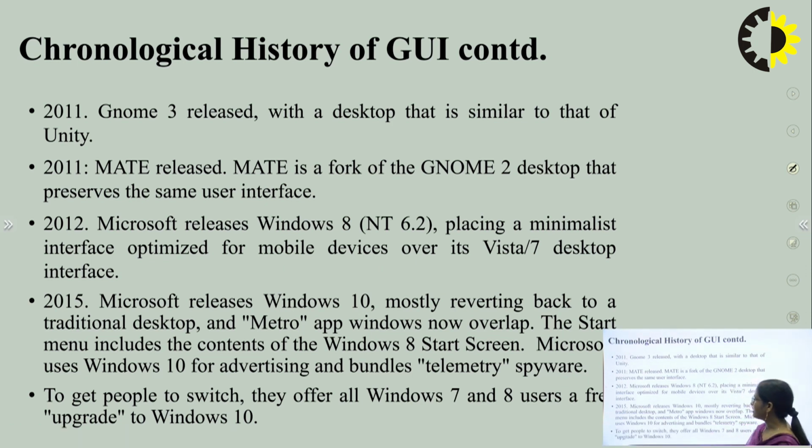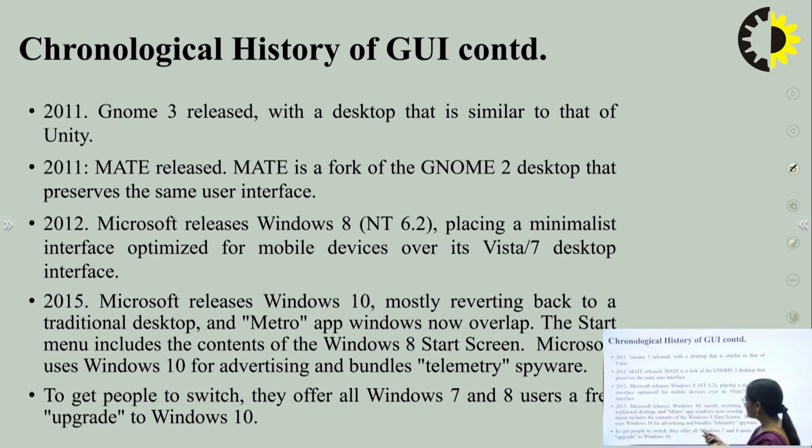And in 2012, Microsoft releases Windows 8, NT 6.2, placing a minimalist interface optimized for mobile devices over its Vista and 7 desktop interface. In 2015, Microsoft released Windows 10.